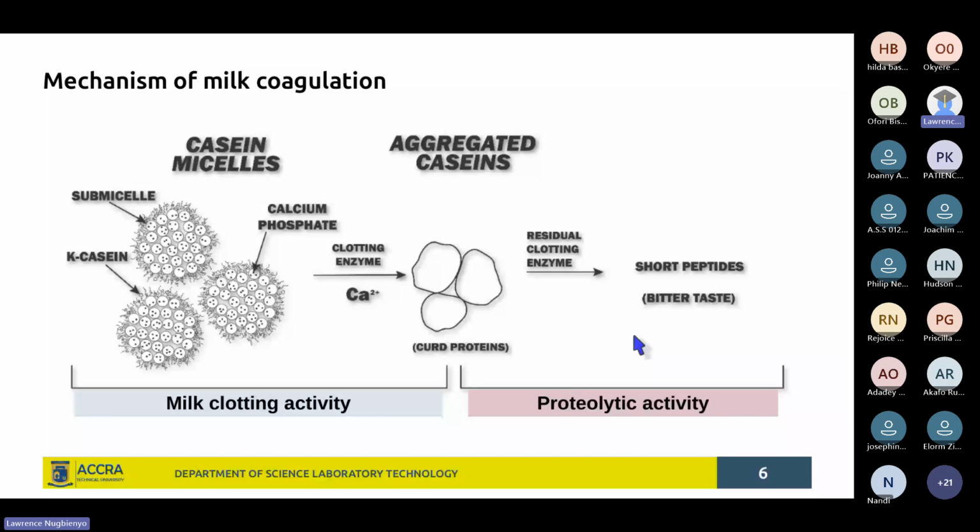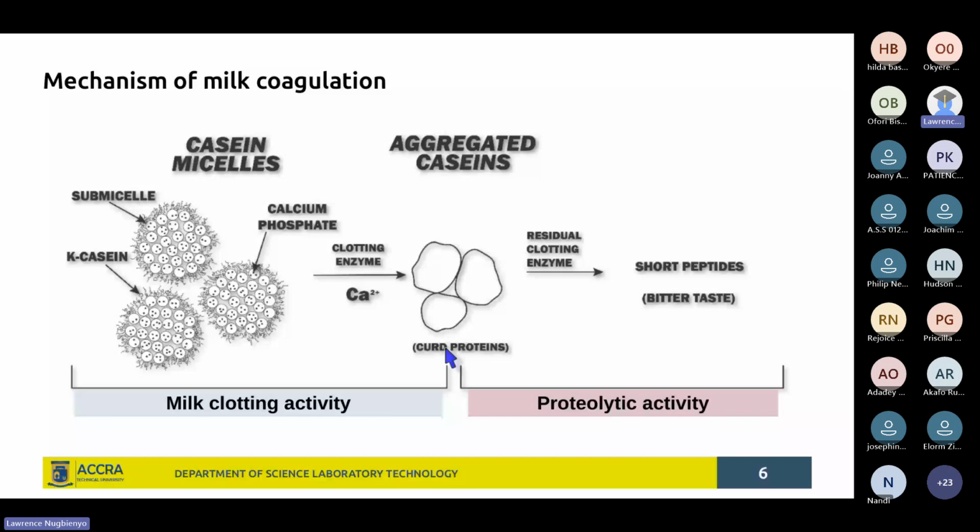And so these other products which are used in industry are compared against chymosin to see the milk clotting activity as a ratio to, say, the proteolytic activity. And the lesser the proteolytic activity, the better, because then you will not have some off taste, unintended taste, like the bitter taste that will occur in the cheese.